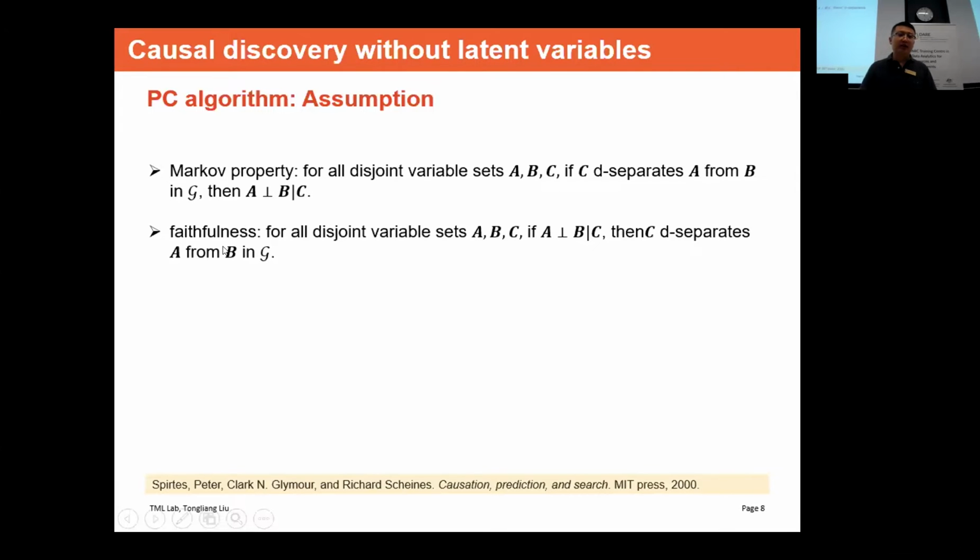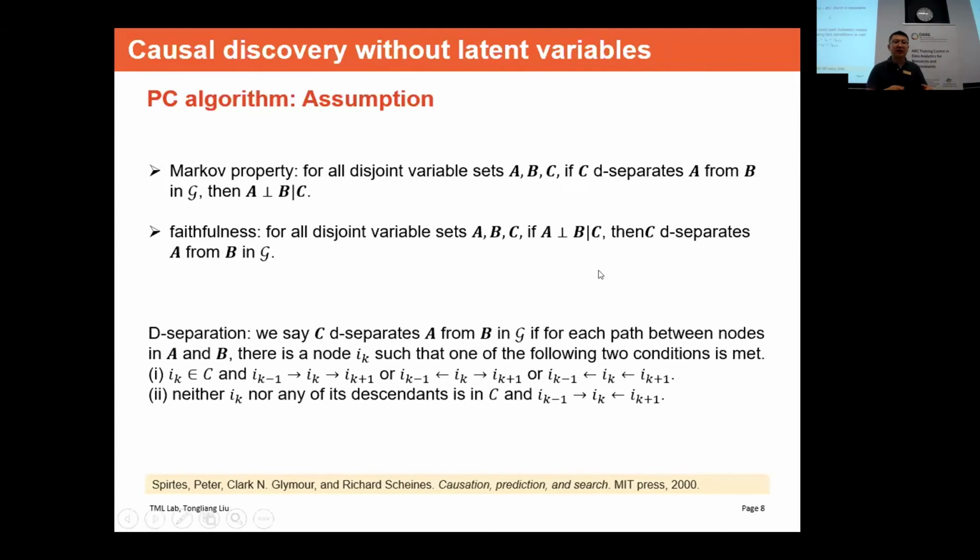Another is the faithfulness assumption, which goes the other way, relating conditional independence to d-separation. I'm not sure if you know the concept of d-separation. It is a concept in graph theory.